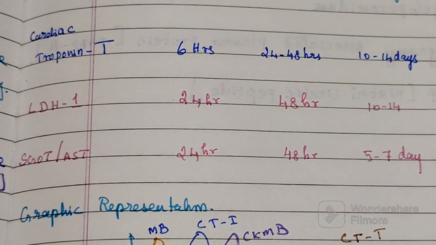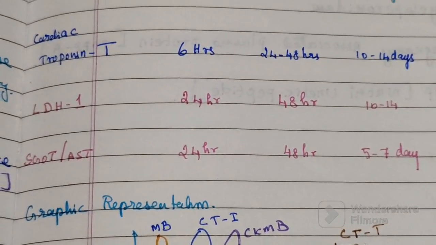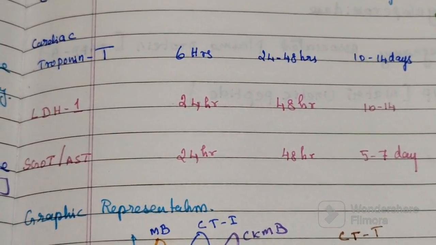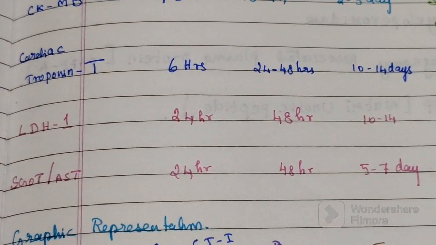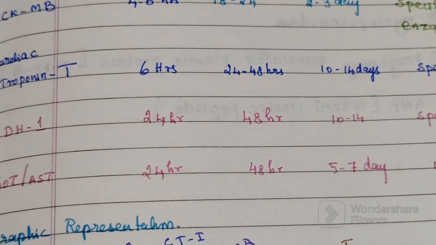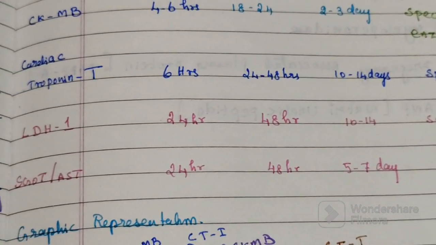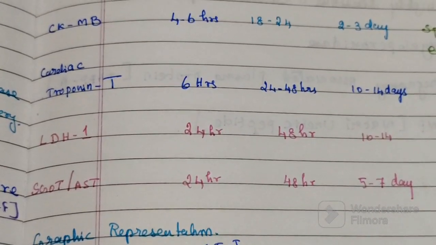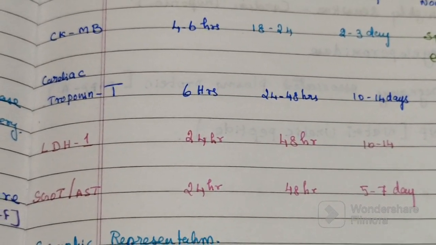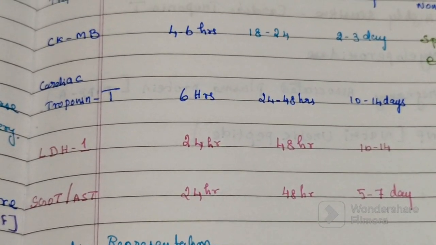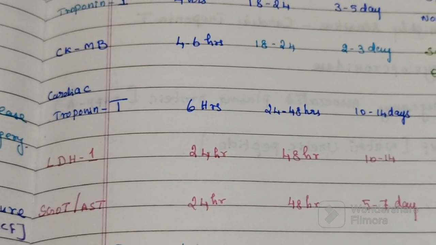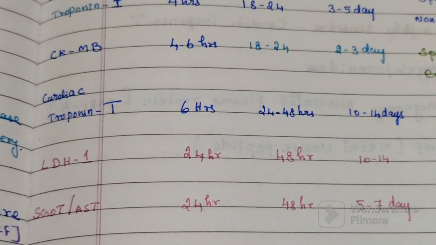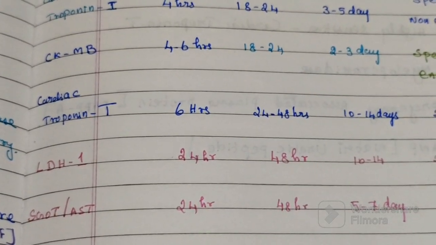Next marker, LDH1. It is the first isoenzyme of lactate dehydrogenase, specific for the heart, as the concentration of LDH2 is much higher in the serum. But in a patient with heart disease, the concentration of LDH1 is higher compared to LDH2.